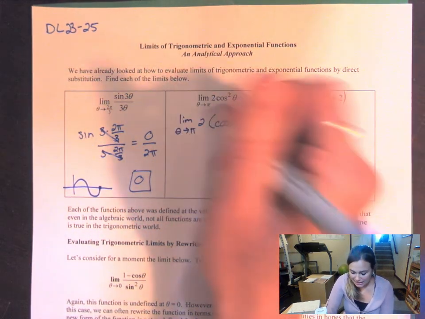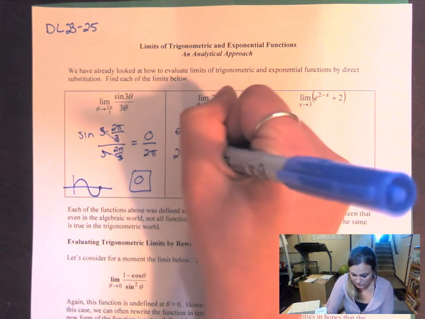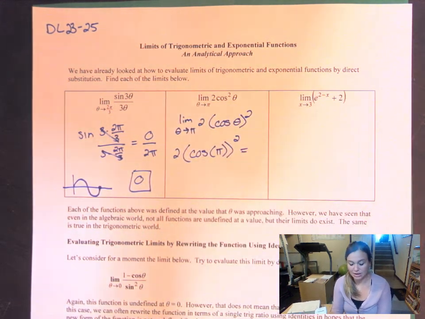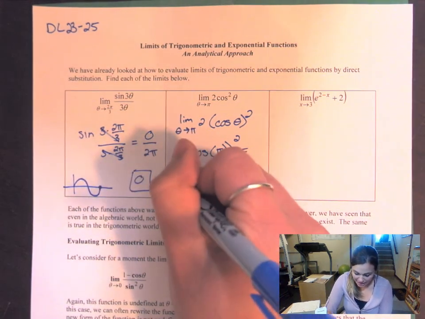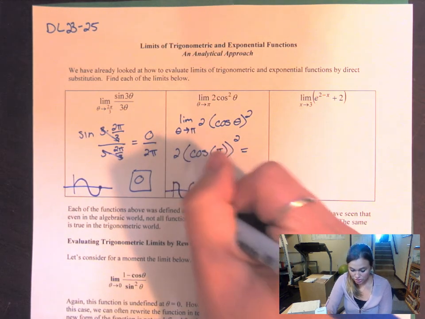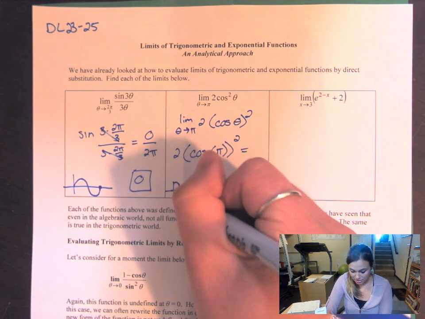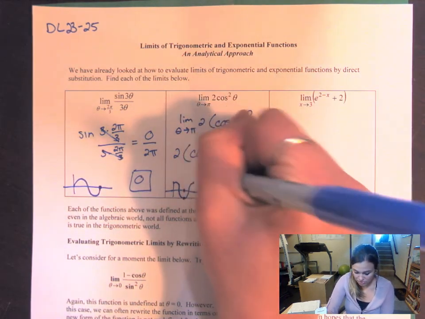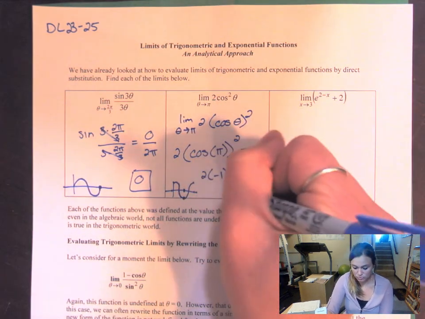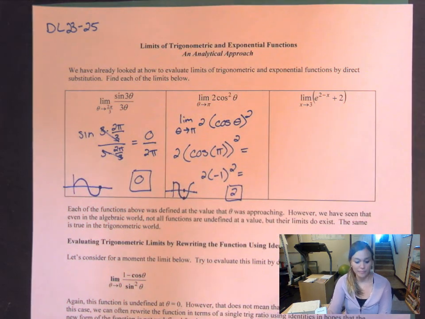Anyway, I'm going to say this is 2 cosine of pi, and then I'm squaring it. So cosine of pi, in my head, this is how I do it, but you can decide how you do this. This is 0 to 2 pi, so at pi, this would be -1. If I square it, -1 squared would be 1, times 2. Now I get 2. We did it.